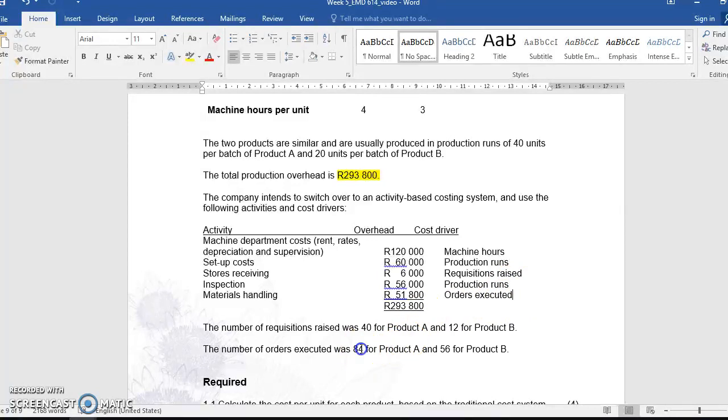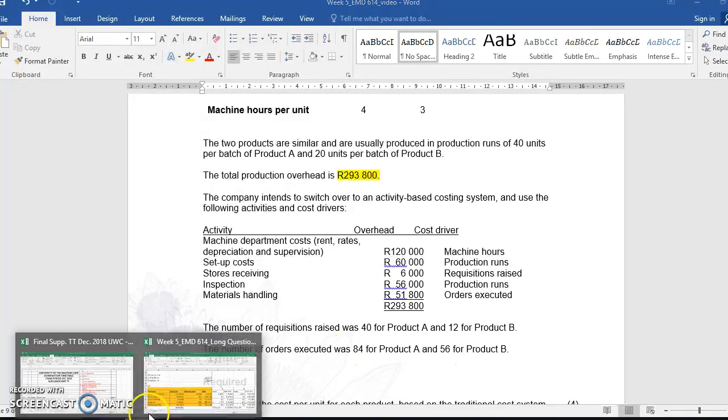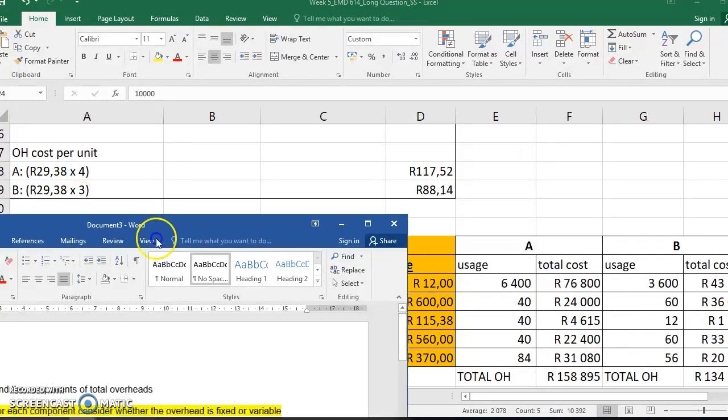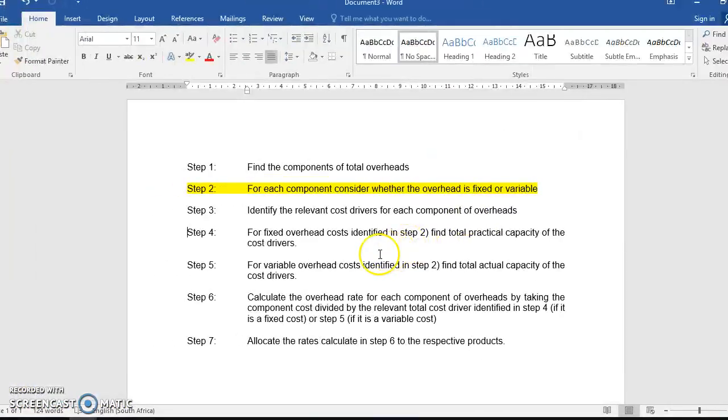There they give us 84 for A, 56 for B, so it's just the two added together, and that will give you the 140. So once you have the different components, the different cost drivers, and the total for each cost driver, we can then do step number 6, which is effectively just calculating the rate.